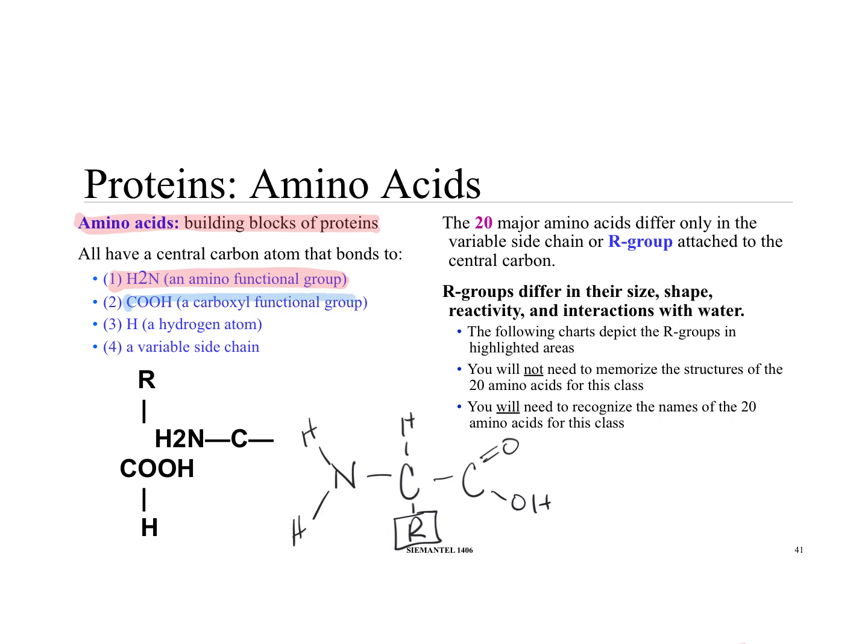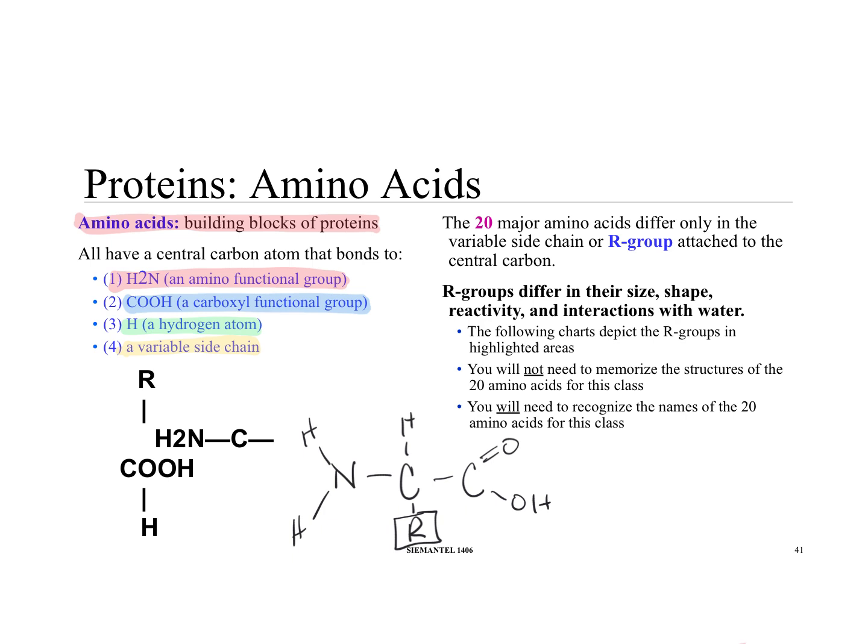Then we have the carboxylic acid functional group. Those are going to be found on either end of the molecule. We have a hydrogen that's bonded to a central carbon. And then we have what we call the R group, or a variable side group.